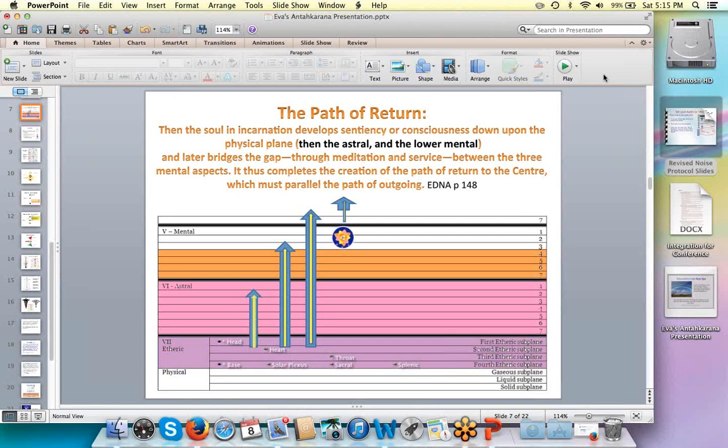The monad, the monadic ray, gets a little complicated here because we are learning that there is a minor ray and there's a major ray, and I'm not sure that at this point we can even know which is the minor and which is the major. It takes an awful lot of meditation and being able to access those realms.